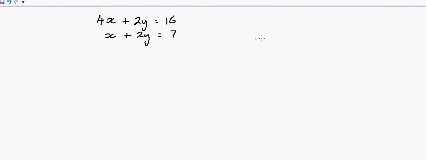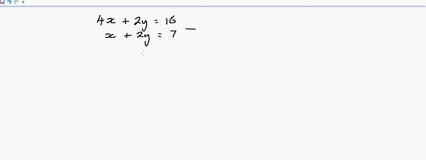Okay, so we've got another two equations. So make the y's the same. They're both 2y, that's good. They're the same sign, so I'm going to take them away, because if I added them, I'd have 2y plus 2y, which would give me 4y.